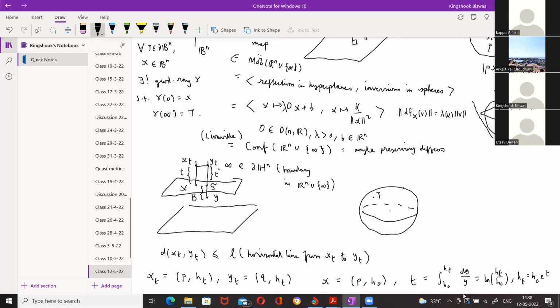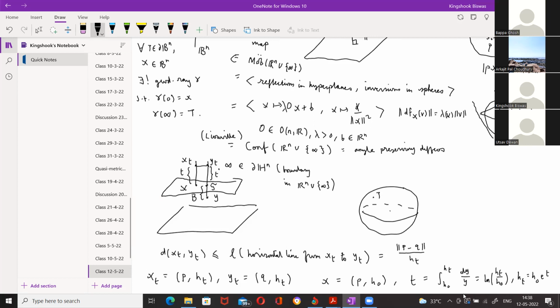Okay. Fine. So what will the length of the horizontal line be? This will be the Euclidean length of this line divided by the height, right? So this is the norm of p minus q divided by the height, which is ht, right? Is this clear?